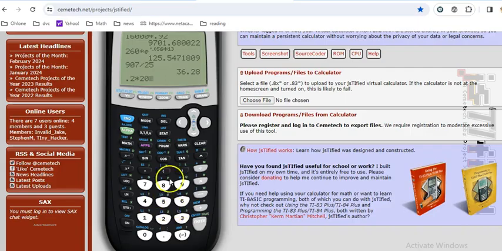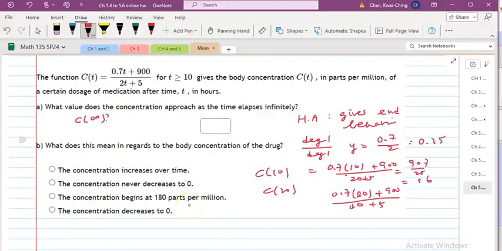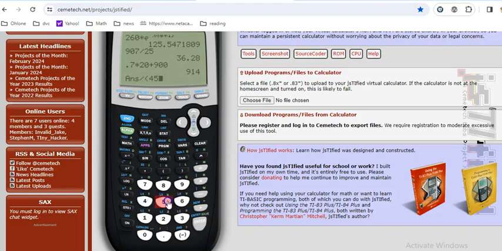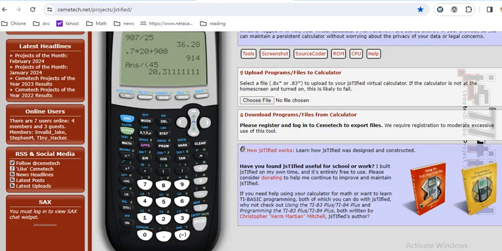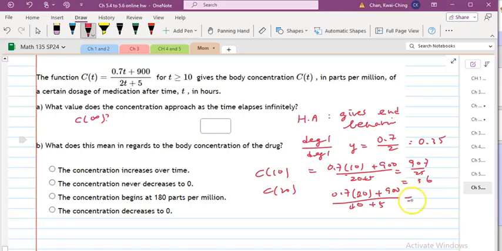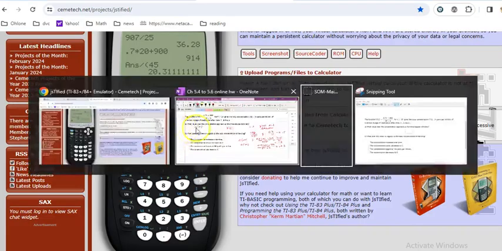No, 0.7. 0.7 times 20 plus 900, and then divided by, open parenthesis, 45. It's 20.3. So earlier was 36, now it's 20. So it's decreasing, but it would never decrease to 0 because at the end, it would stay at 0.35.